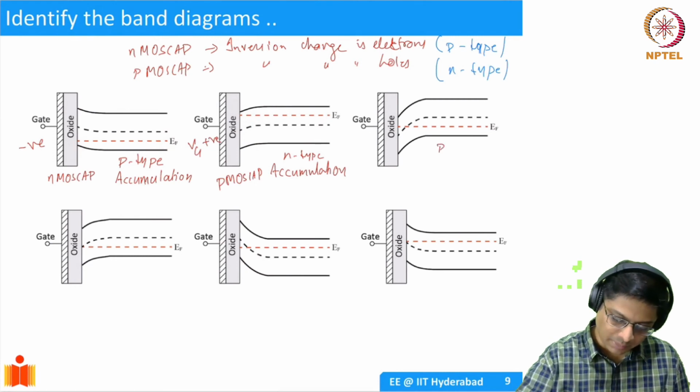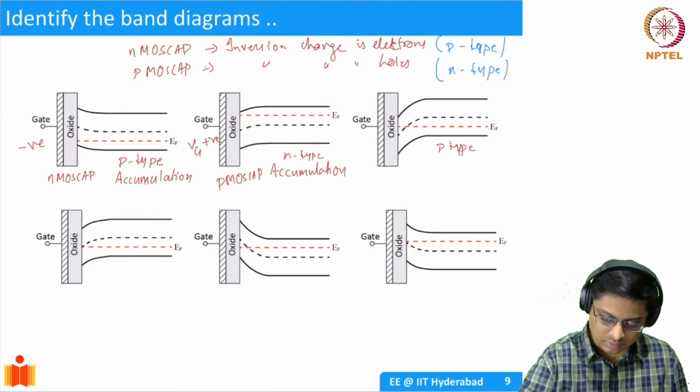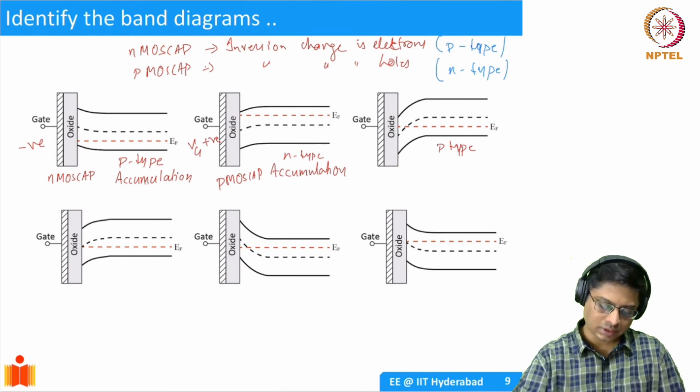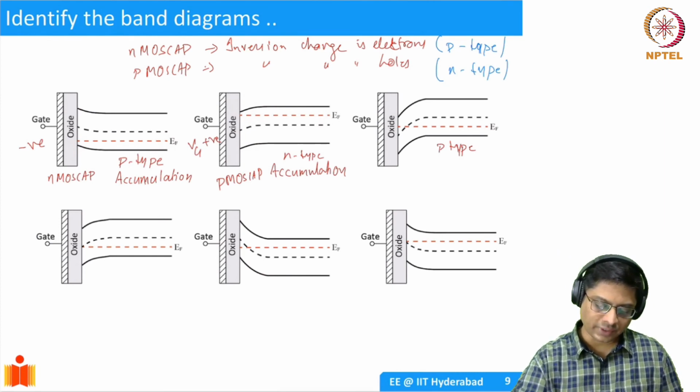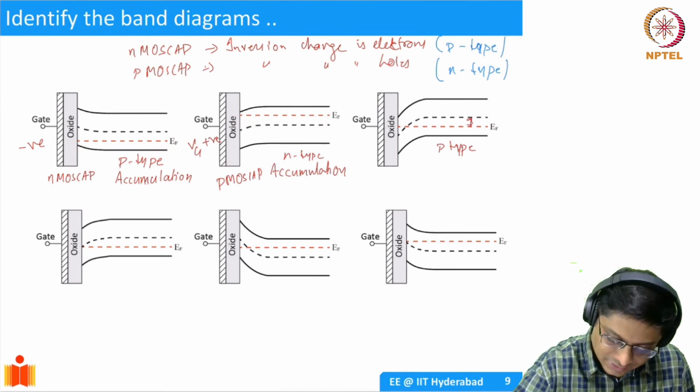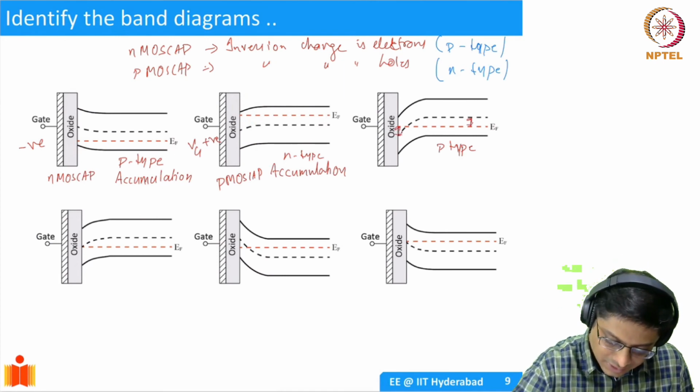What about the third picture? Now we're back to P-type. And what is happening at the surface? This is not exact here, but let's say this is some distance, and you have a similar distance here.